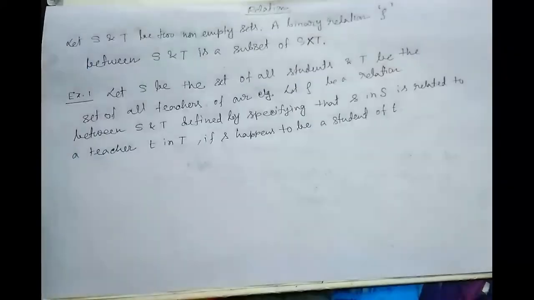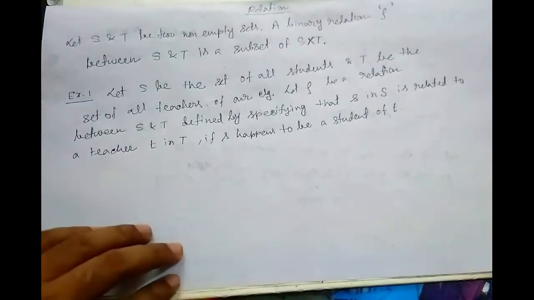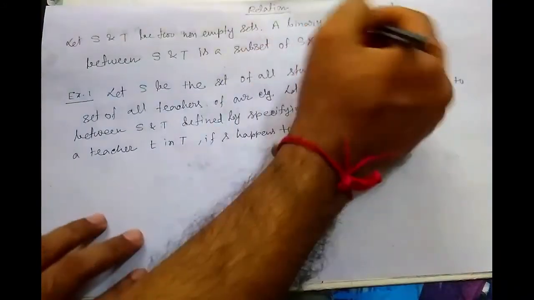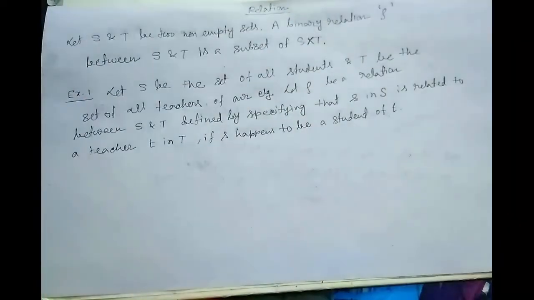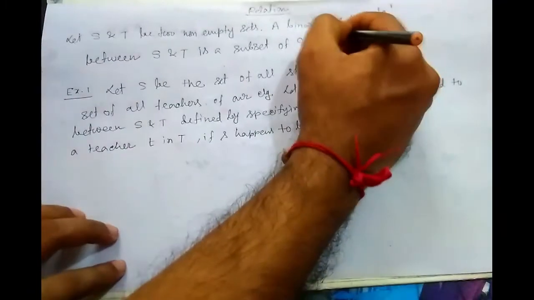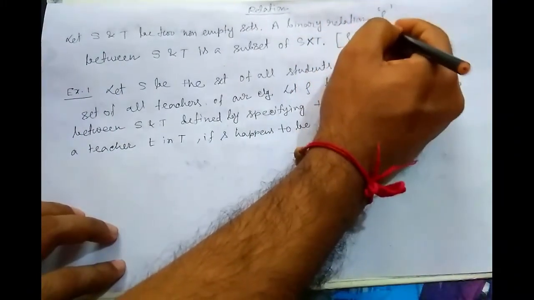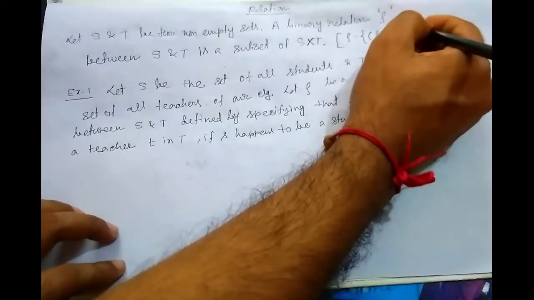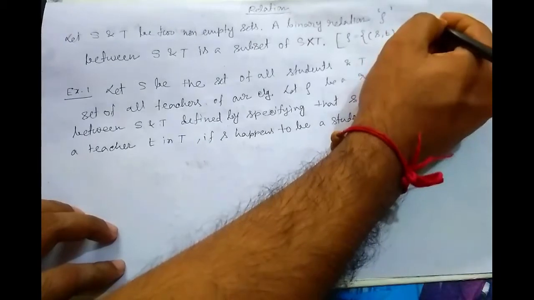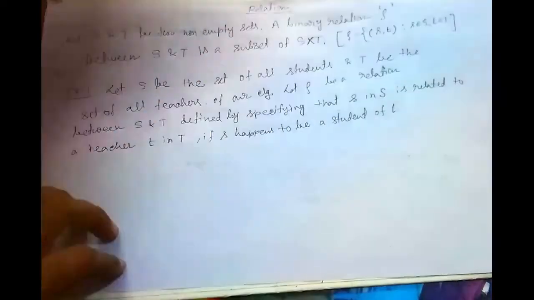Okay, see, I have to say some words. See, since rho is a subset of S cross T, then rho is of the form (s, t), okay, where s belongs to S and t belongs to T. Fine.